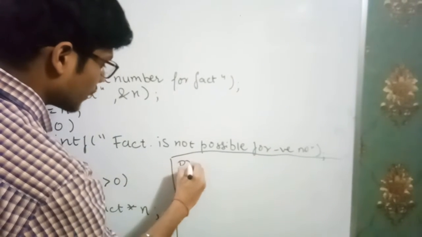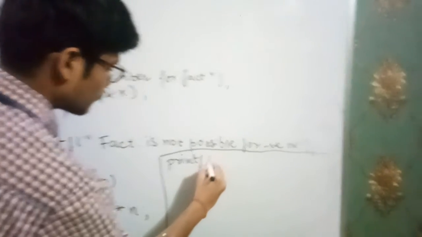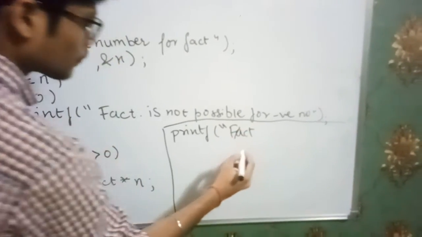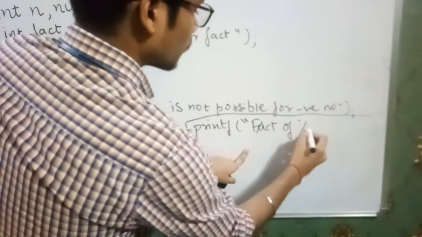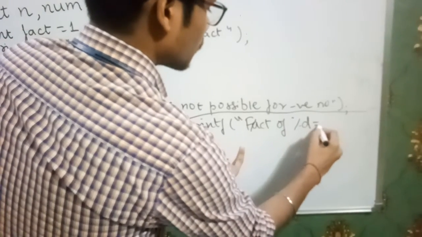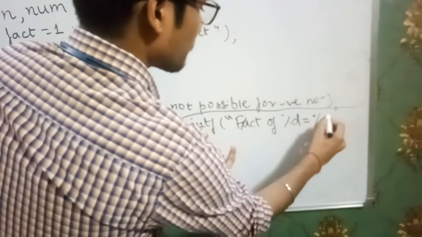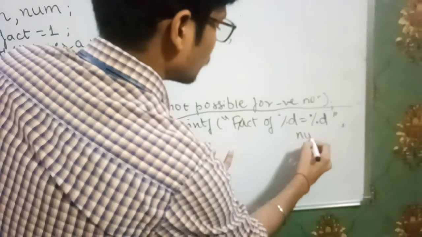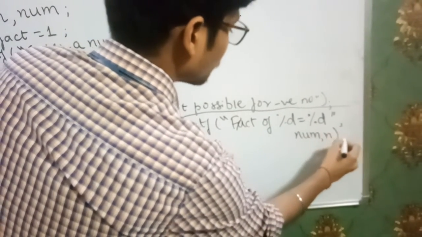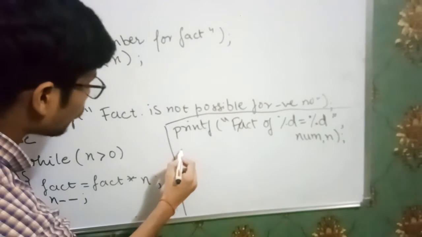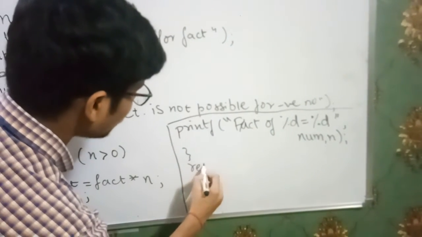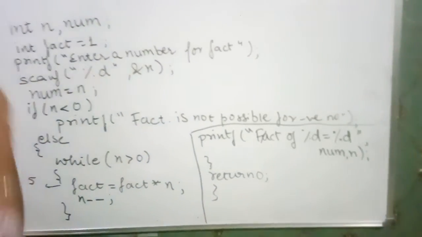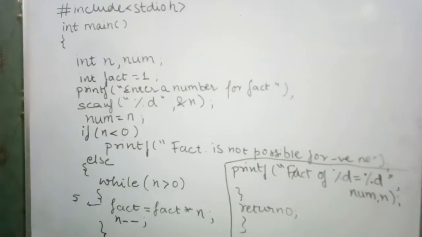Okay, so printf "factorial of %d is equal to %d", num comma n, and then we close else also, and then in int main, return 0, and then we close main. So we have opened 3 brackets and we are closing 3 brackets.